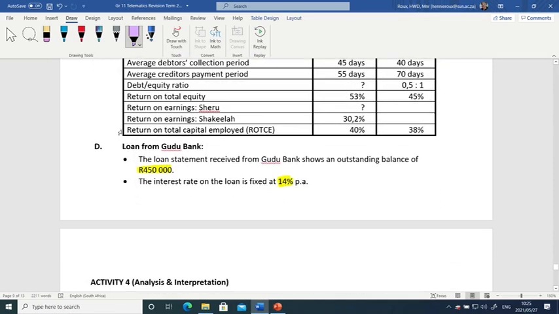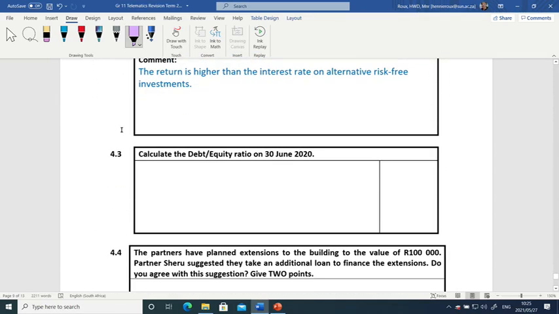And without calculating it, we can actually see it is acceptable. The loan is only 450,000. But we have own capital 1.6 million plus another 181,200.